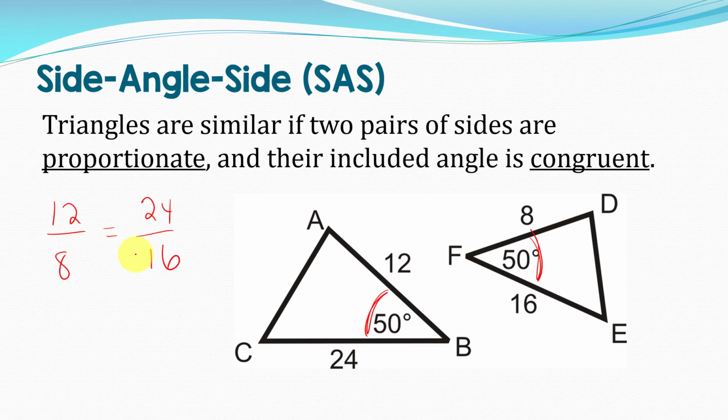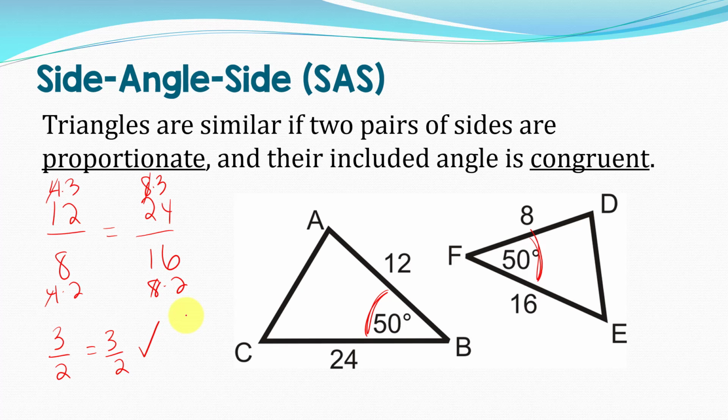Well, once again, I could reduce my fractions. 4 times 3 is 12. 4 times 2 is 8. That becomes 3/2. And let's see, 8 times 3 is 24. 8 times 2 is 16. 8's reduced, and that becomes 3/2. So I know based on that the sides are proportional.